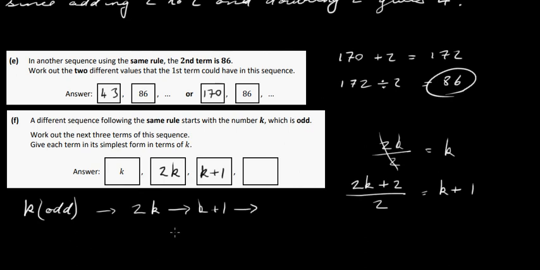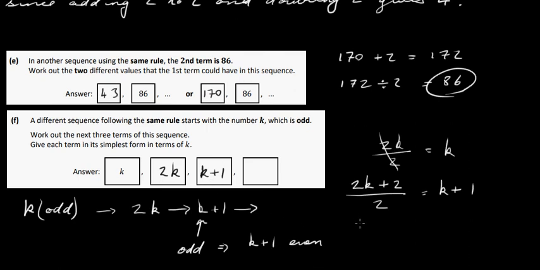So if you have an odd number and you add 1, that means k plus 1 is even. If you take any odd number, for example 5, add 1, you'll get 6. Take 11, add 1, you'll get 12, and so on. So this number here is even.